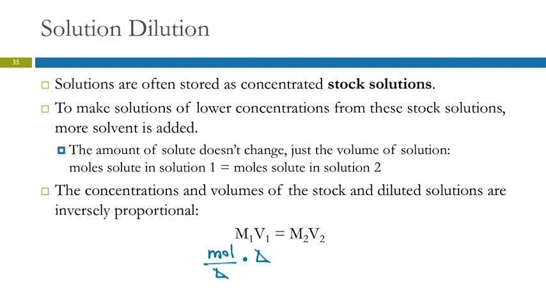The liters cancel out. The number of moles doesn't change. Just the volume changes. So this is an equation you need to know. M1V1 equals M2V2. It's for dilutions only.